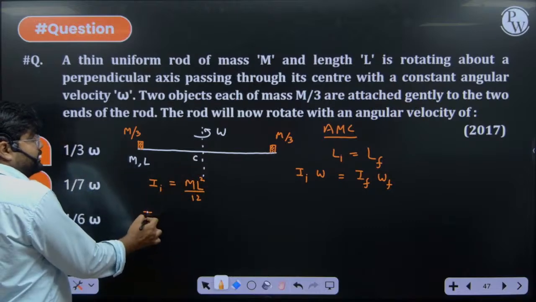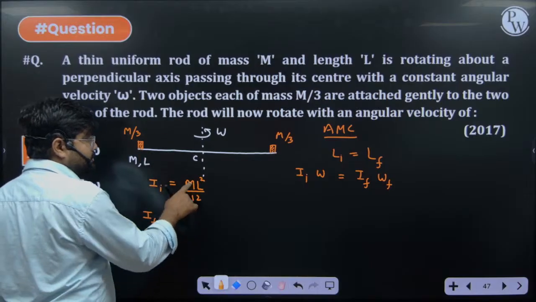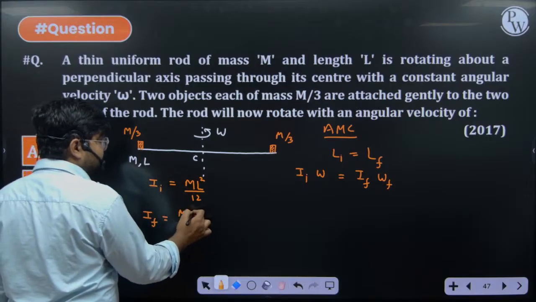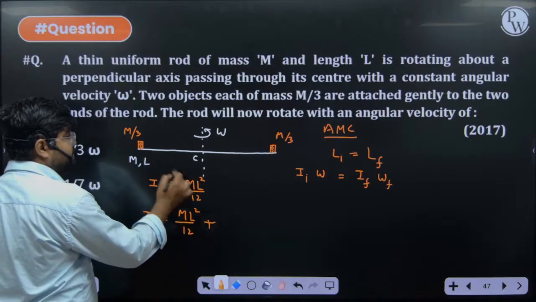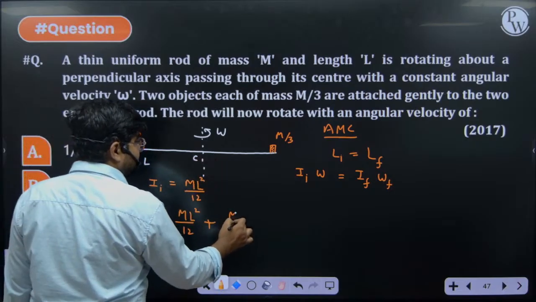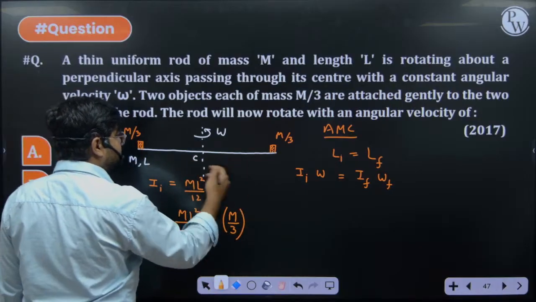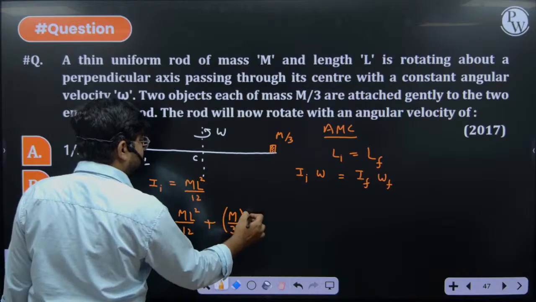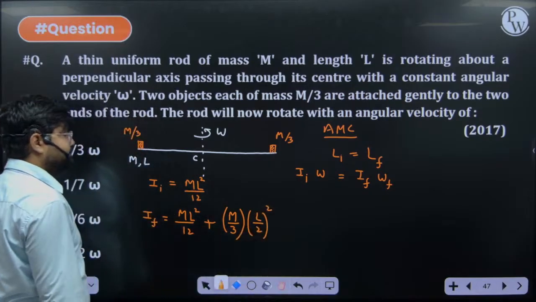And what is I final? Now masses are also added. So the rod itself, plus the moment of inertia of the masses. For one mass it is m by 3 into distance square, and distance is L by 2 whole square.